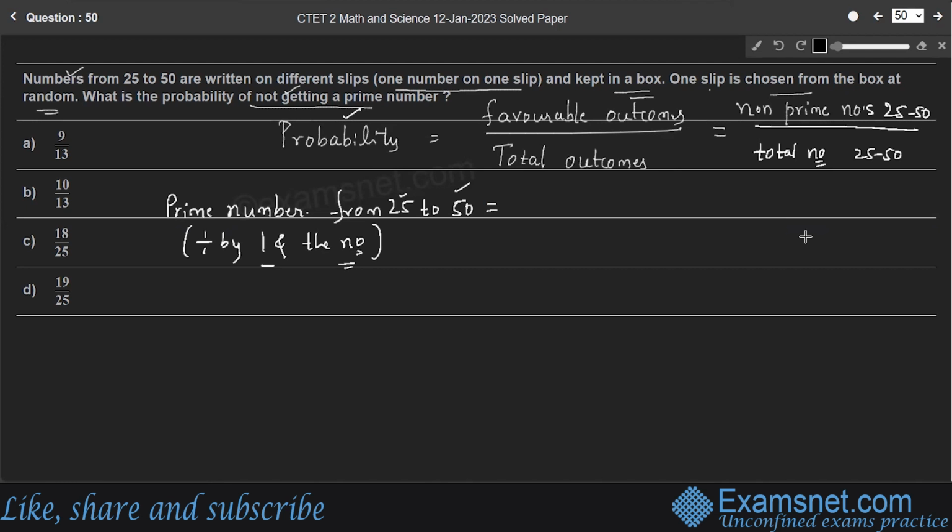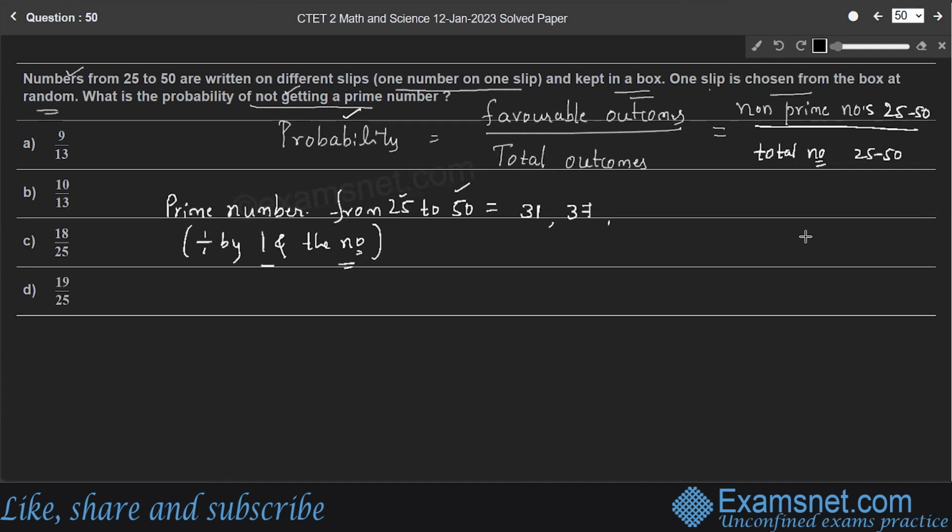So here, 25 is not a prime number. 26 is also not a prime number. Then 27, which is divisible by 3 and 9. So next comes 31. 31 is a prime number, which is divisible by 1 and 31. Next, not 33, not 35. So 37 is a prime number.